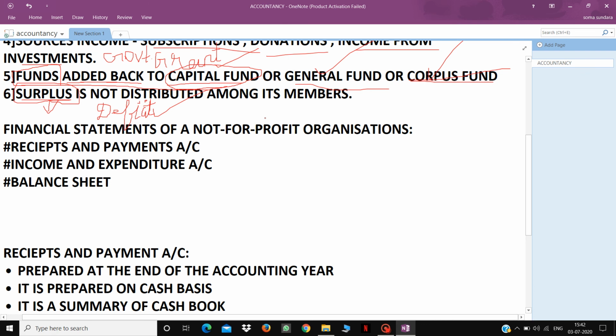In case the entity is a profit making entity, they will be ascertaining their net profit or their net loss for the accounting year. But in these not for profit organizations, we are supposed to find how much they have in hand, whether it is surplus or deficit.